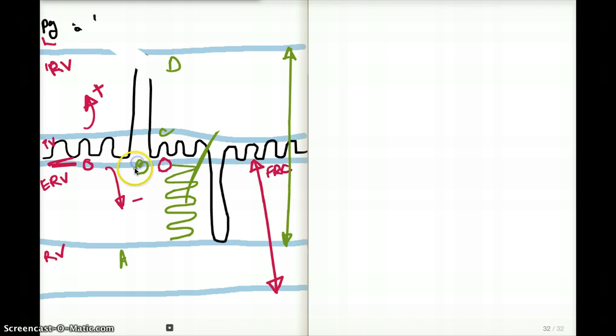And the answer is going to be B, because B is our FRC. And I'll tell you why B is the correct answer. Whenever we are inspiring, okay, and I talked about the pressure. At FRC, our pressure is really 0. Whenever we're inspiring, what's happening?